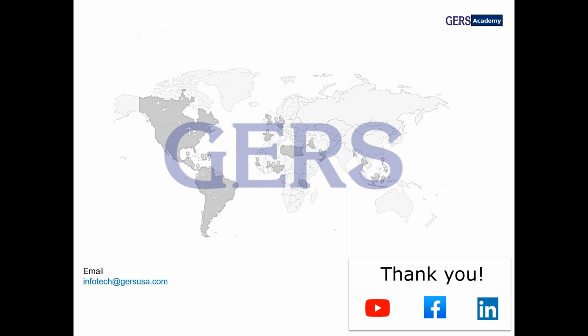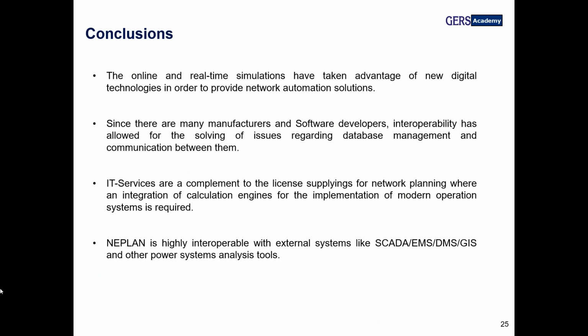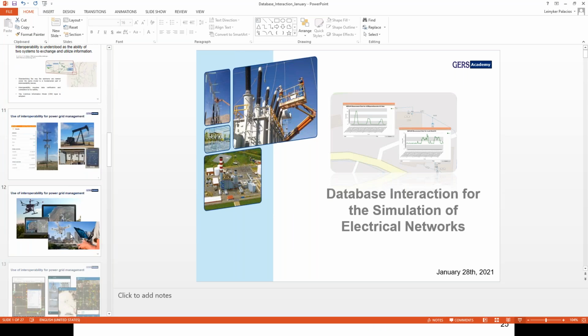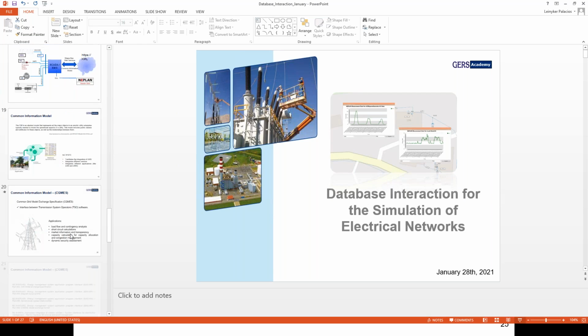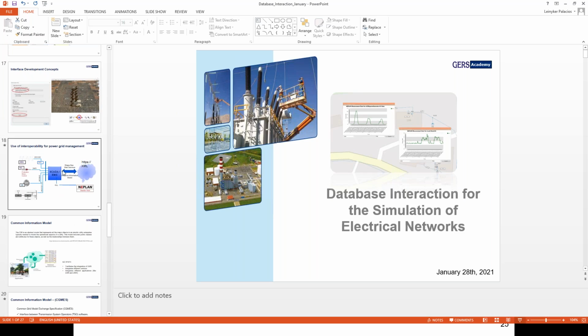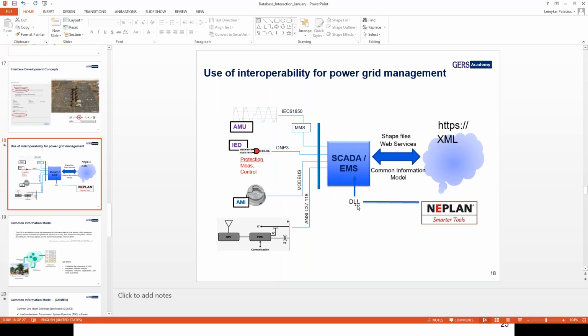And I remember I showed a graphic. Let me show you. That is here. You have two ways. This is the way that I mentioned. You can use the calculation engine directly on the SCADA system. So in this way, you are using the module instead of the licensing.